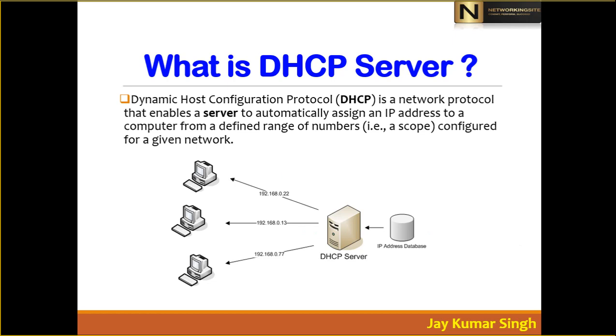When we assign a static IP address, no problem. But when we have multiple computers in our organization, around 2,000 computers, or even forget about 2,000, even 100 computers, at that time we need to assign IP addresses to our computers through DHCP.